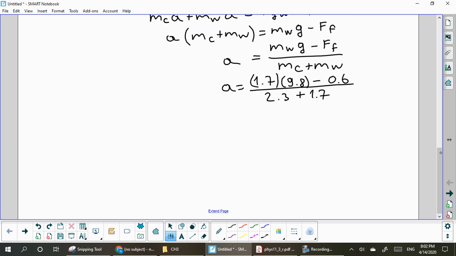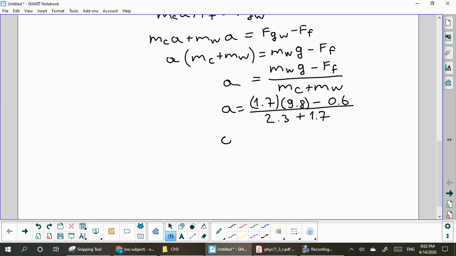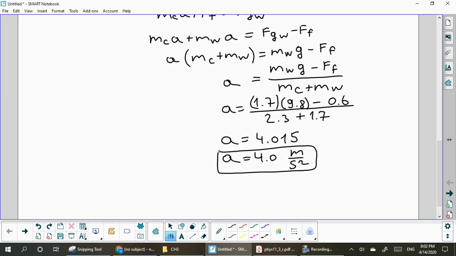We're going to punch this in the calculator, and we're going to get 4.015. And if we round this off, it should be around 4.0 meters per second squared. So that is going to be acceleration for both objects.